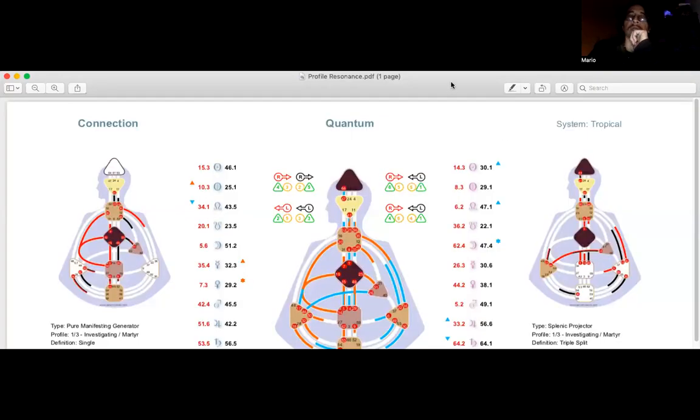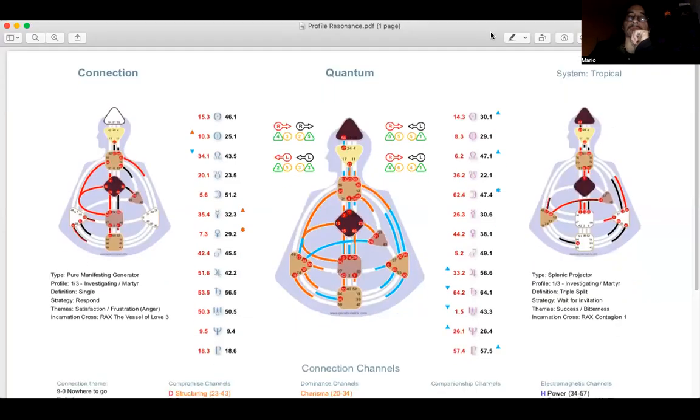Okay, so this one I'm going to show is going to be an example of profile resonance. And resonance is when you share the same numbers, or one of the same numbers, with another person.